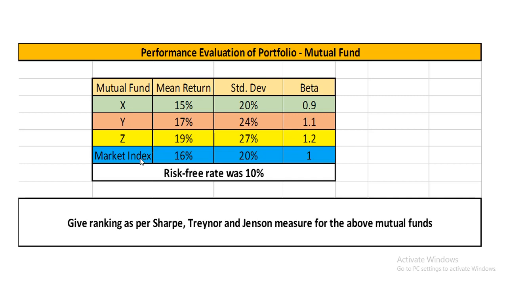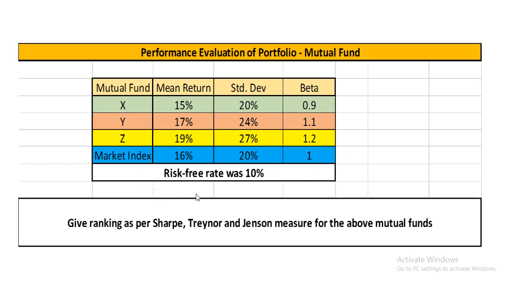And there is the market, which gives 16% return. Its standard deviation is 20%, and beta of the market is always 1, because the market does not have any risk with respect to anything else. All this beta is risk with respect to the market. So market with market is always 1.